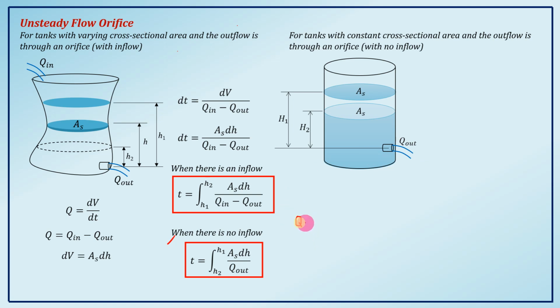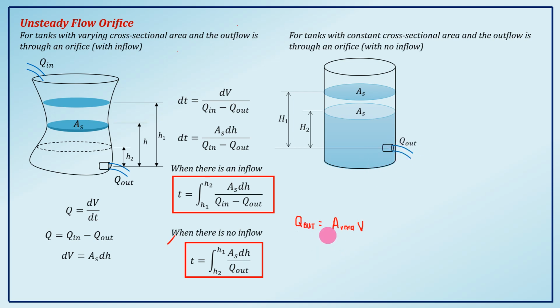So, let's derive. The Q out is from the orifice. Q out is equal to the area of the vena contracta times the actual velocity of the liquid coming out of the orifice.